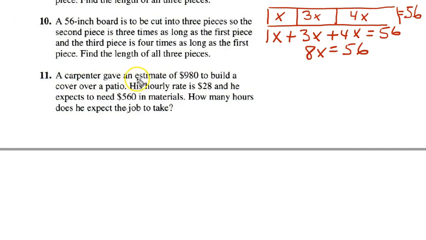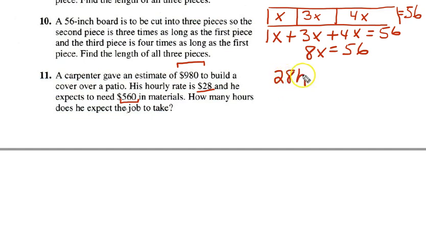A carpenter gave an estimate of this to build a cover over a patio. His hourly rate is this, and he needs this much in material. How many hours does he expect to do the job? Well, remember, he charges $28 for each hour.